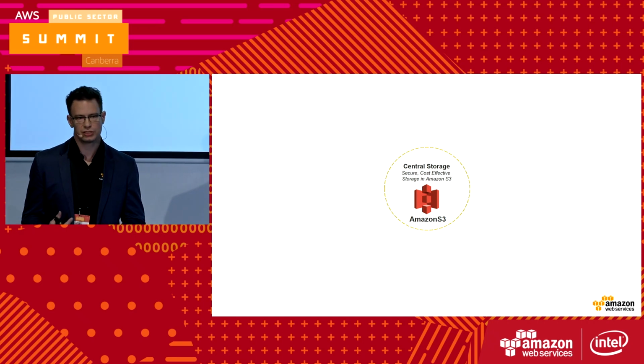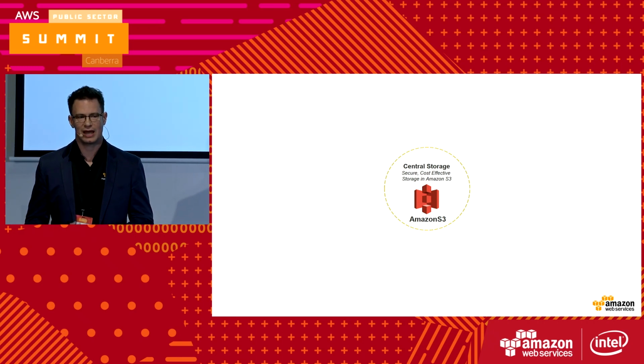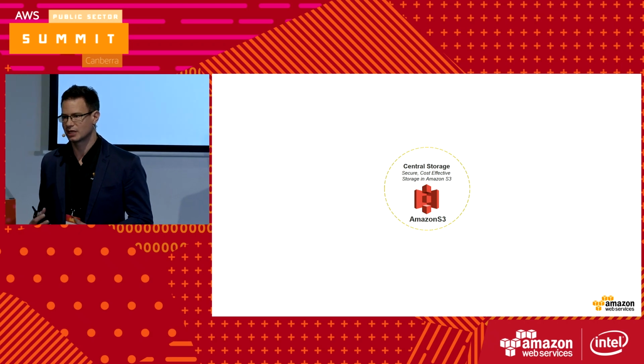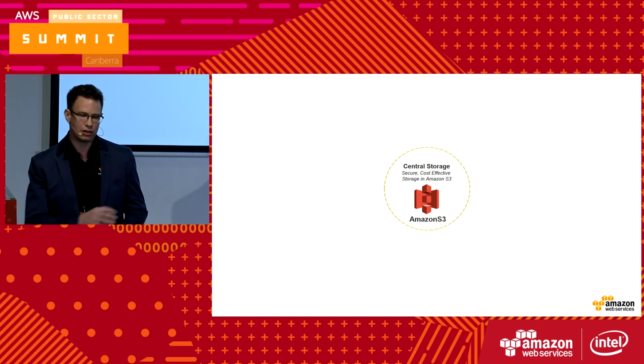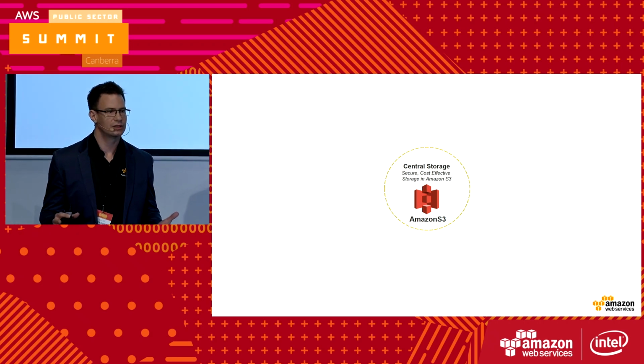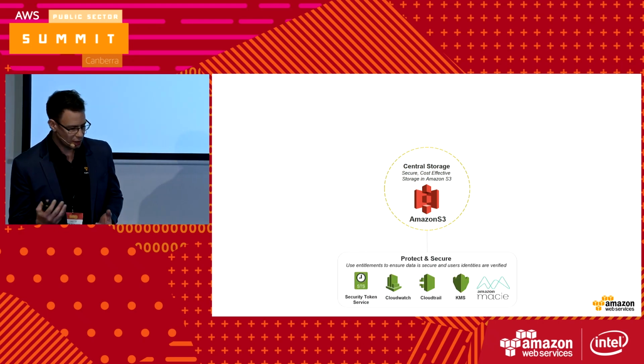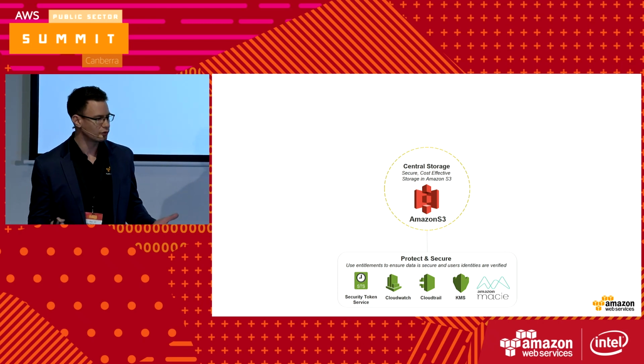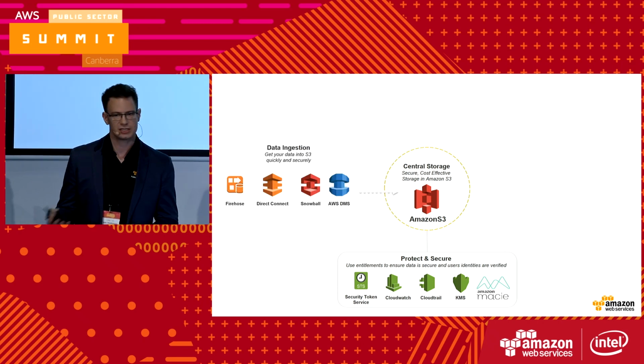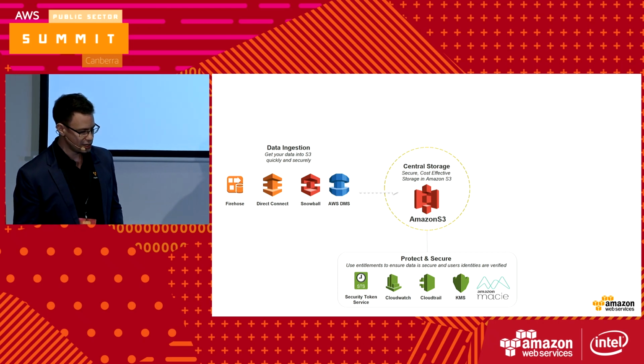And what this enables us to do is to take advantage of it as a linchpin in our applications and our architectures. And that's what we do. We see it on almost every architecture drawing we've ever done. It's because we can really rely on it to do a huge range of things and build on it and use it to innovate over. So whether we're protecting and securing our data, we've got a range of services to do that. Ingesting the data, I mentioned a few already.